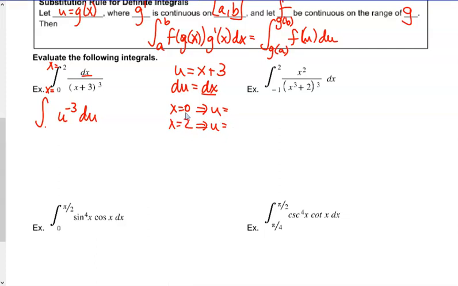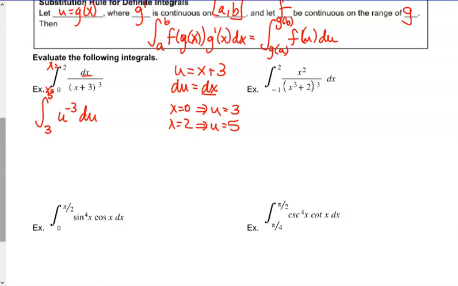How are x and u related? It's this equation right here that we've created. If I plug 0 in for x and add 3, then my lower limit is now 3. If I plug 2 in here and I add 3, my upper limit now is 5. So now I'm going to change my limits of integration from 3 to 5, and now I don't have to go back to x at all.